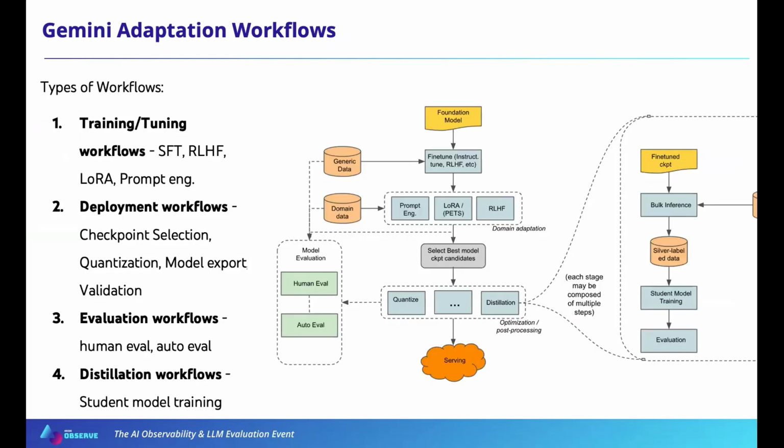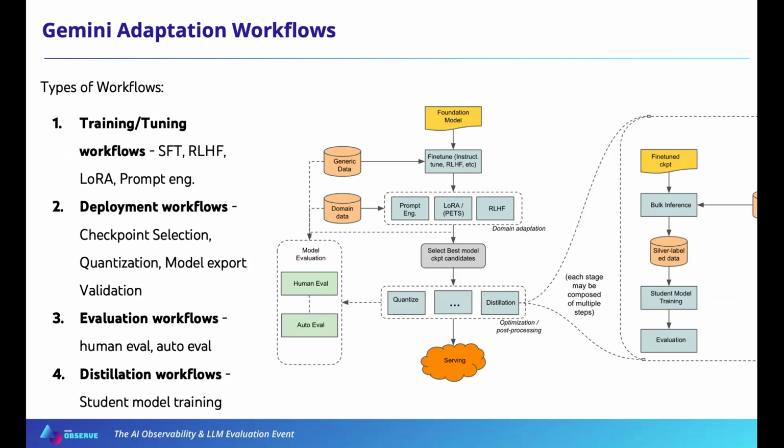So what are some of the workflows that we see? The first one is the training tuning related workflows. The second bucket is around the deployment related workflows, like making sure that the model is ready. The third one is the evaluation related workflows, more around the human eval and auto eval. And the last one is distillation related workflows. Distillation is where you have a fine-tuned checkpoint and you have a large corpus of unlabeled data.